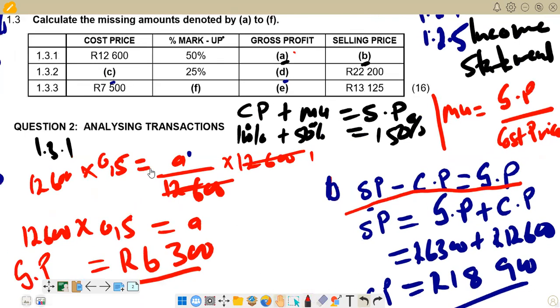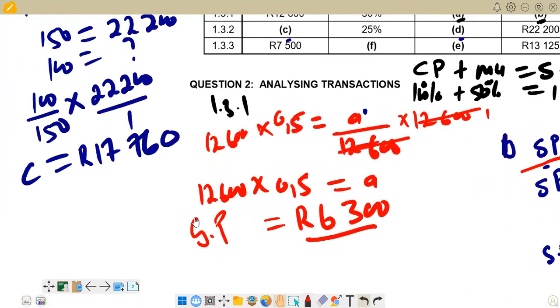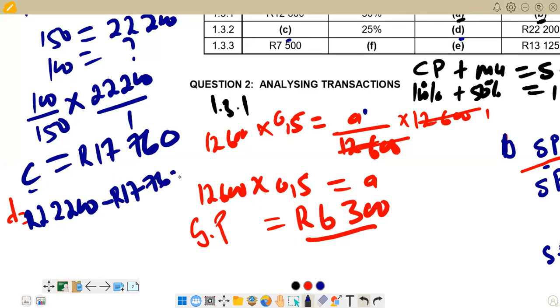Now we've got the selling price and the cost price, so we are now on D. D is equal to our selling price, 22,200 rands. Then we subtract our cost price, which we found here as C, 17,760.